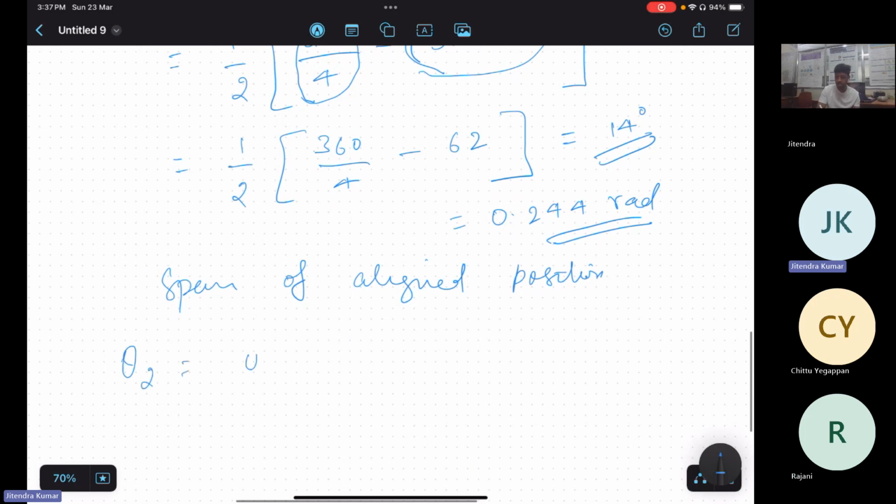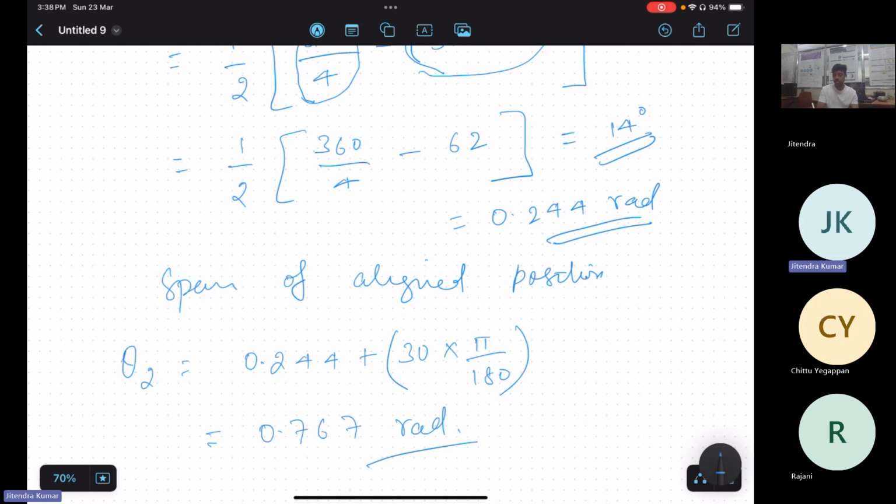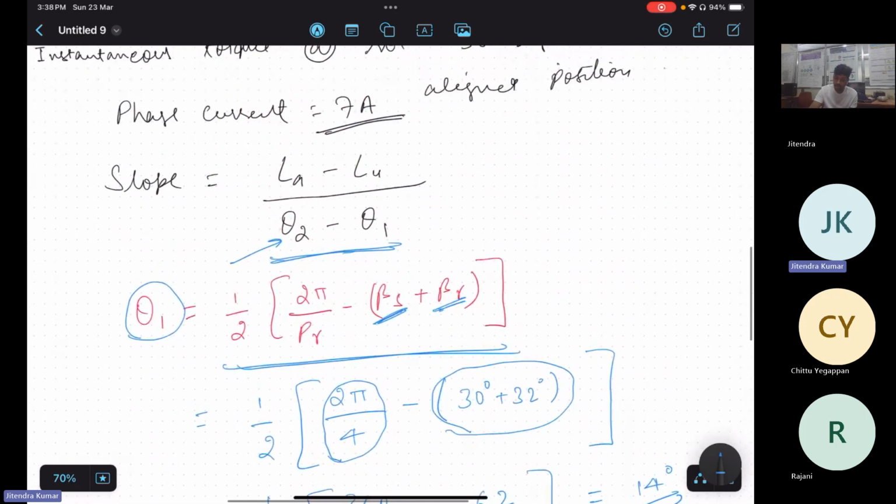Let us calculate theta 2: 0.244 plus 30 degrees times pi by 180. It comes out to 0.767 radians. So this much is the span of the aligned position.